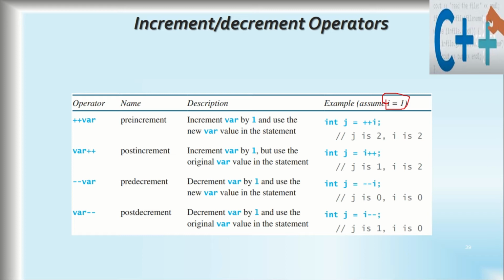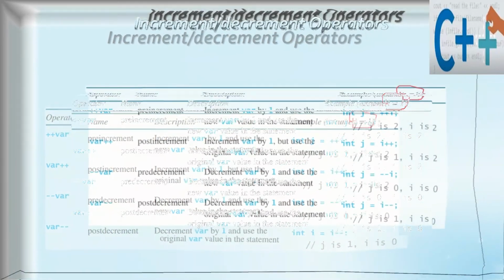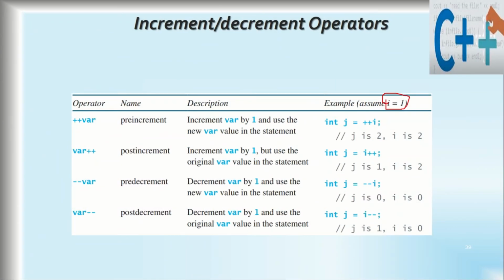Here j is 2 because of ++i. First increment and give the value for j, the value of i, and the i value is incremented. And j = i++. J is 1, the first value of i, and after that i is incremented.